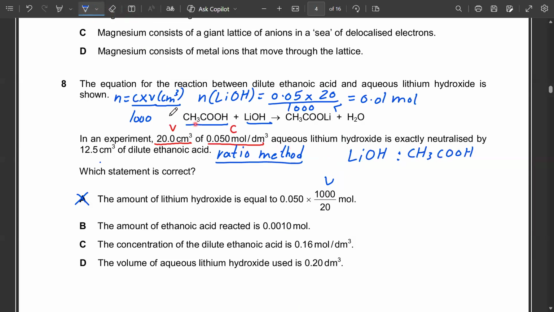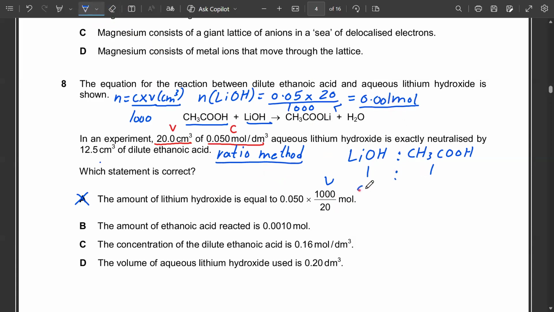According to the balanced chemical equation, there is 1 mole each of ethanoic acid and lithium hydroxide. There's a slight mistake; the value is 0.001. What we calculated in the previous case was 0.001 mole.